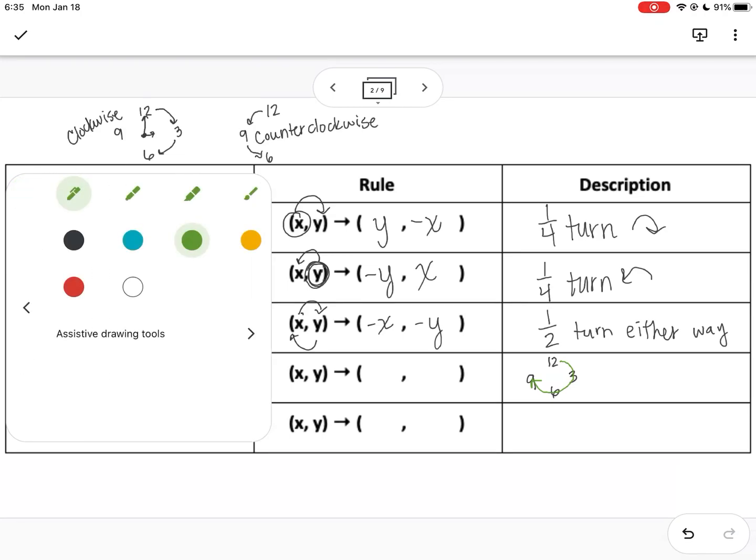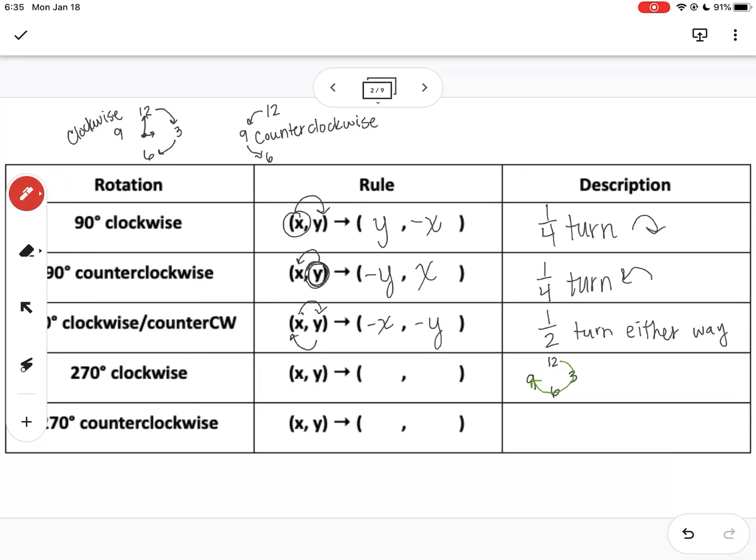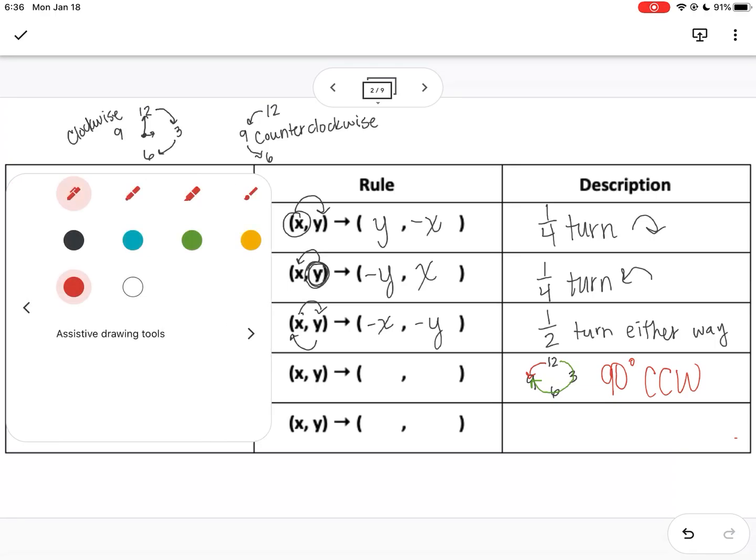If we want to simplify and not have as many rules, a 270-degree clockwise rotation gives the same result as a 90-degree counterclockwise rotation. So this is going to be the same thing. You'll get to the same place as you would with a quarter turn in the other direction.